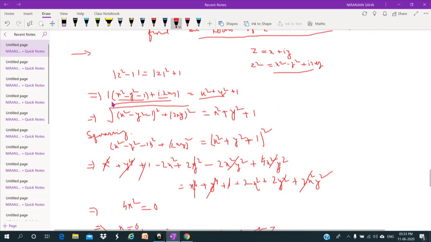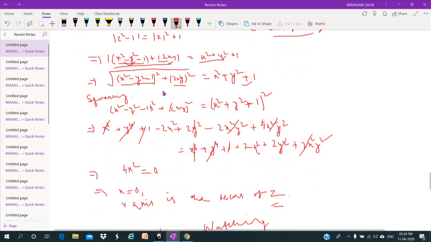Now here the left hand side also has a modulus. So here the real part is this, and this is the imaginary part. So modulus will be root of real part whole square plus imaginary part whole square, and the right hand side is the same. Then we will square on both sides.